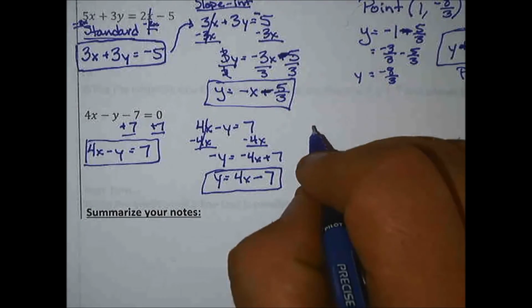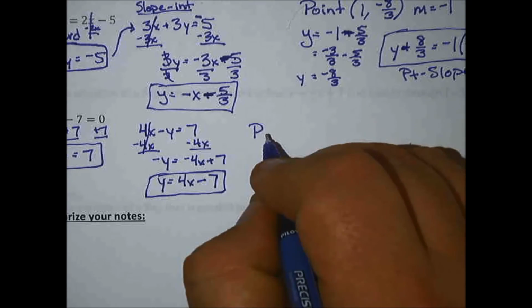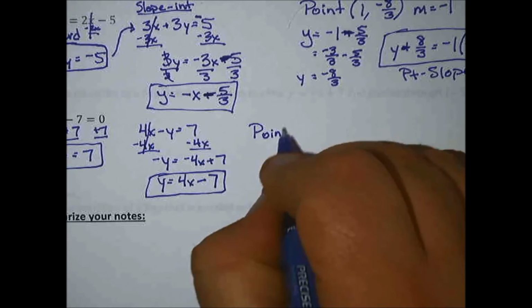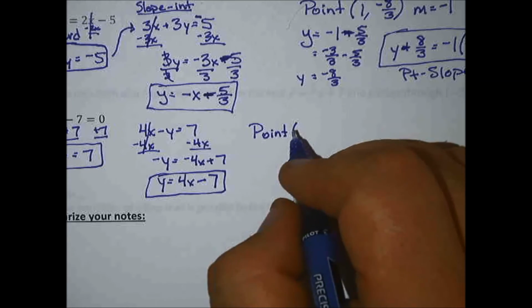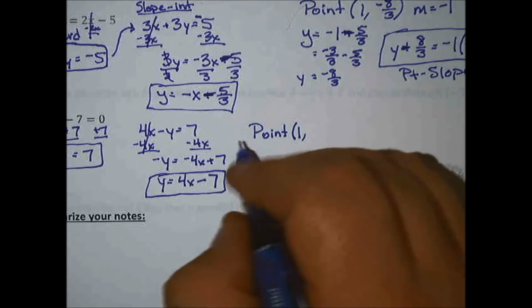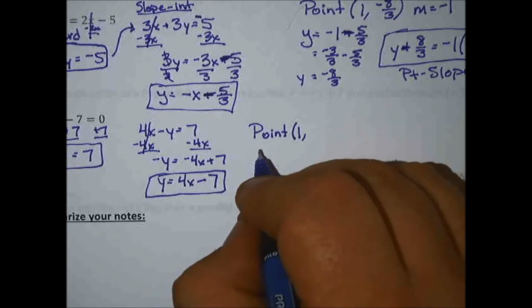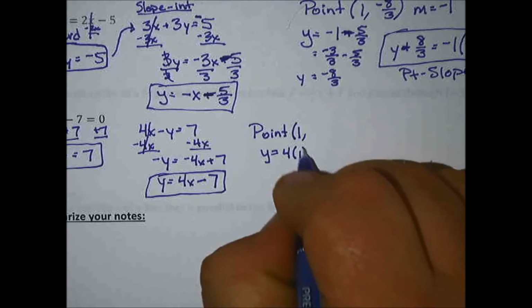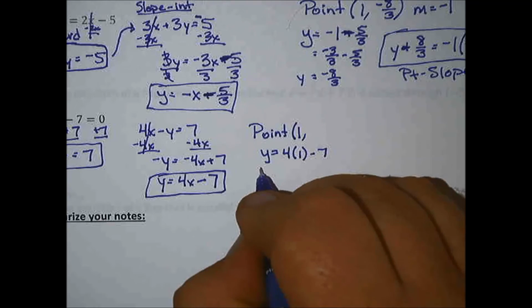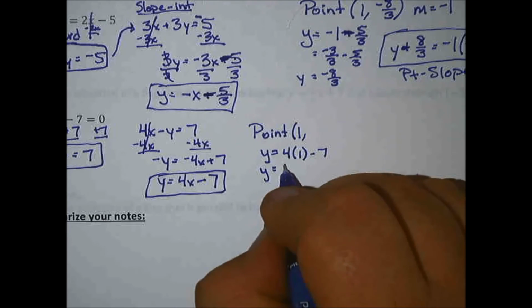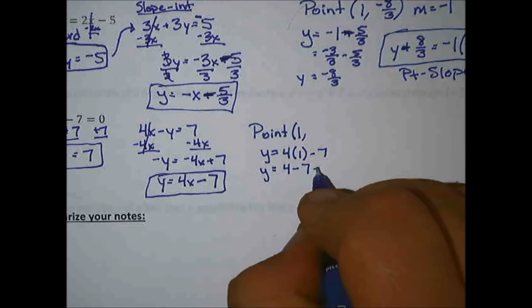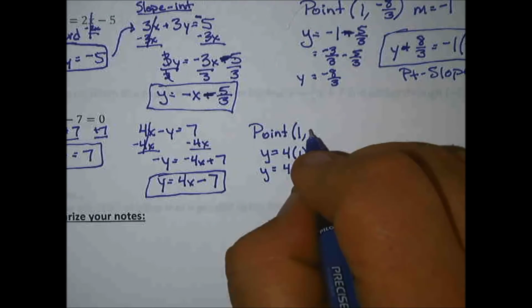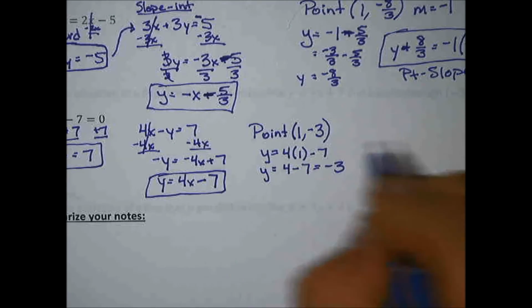I'll do the same thing. I'll use a point. I'm going to use a point with the x-coordinate of 1. And so when I do that, I'm going to have y equals 4 times 1 minus 7. So y equals 4 minus 7, which is -3. So my point is 1, -3.